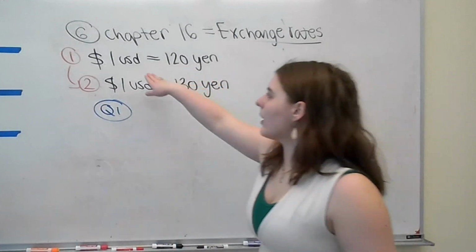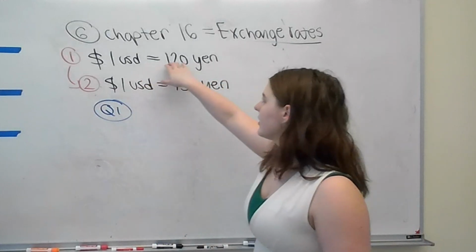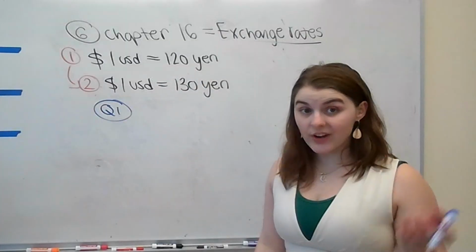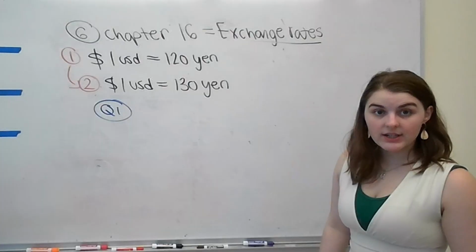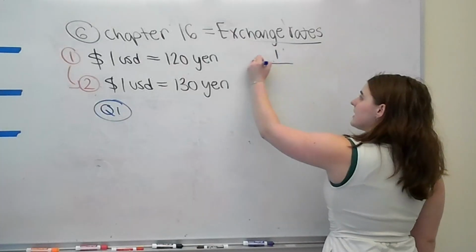Well, before, with 1 US dollar, I could get 120. And if I want to create a ratio, that might help me too. Just like we did with opportunity costs, where we did a ratio of 1 over the other, we could do the same thing here.